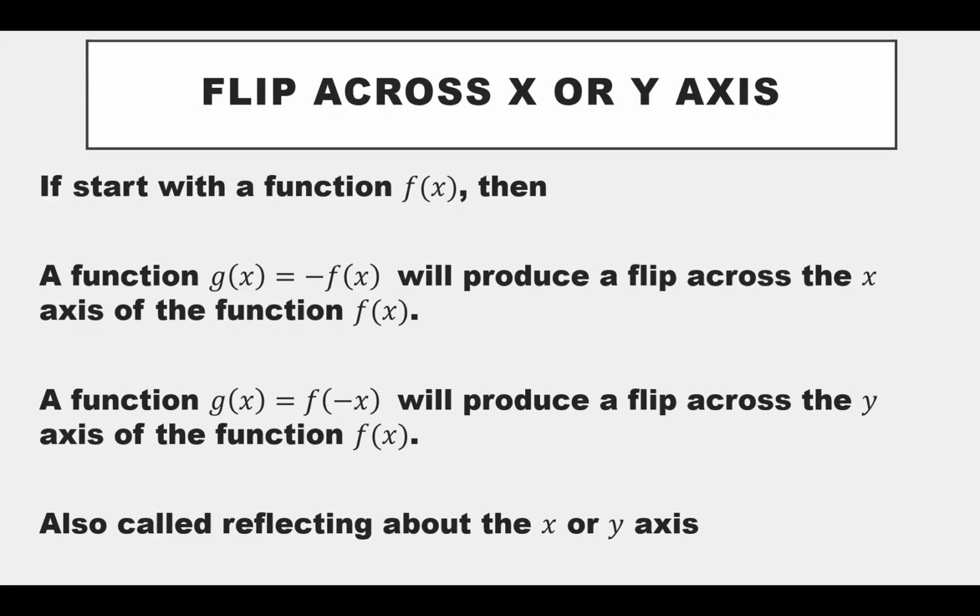On the other hand, if we take a new function, g of x, and we set it to f of negative x, that'll turn every x value that we had that was positive into a negative, and vice versa. And so that's going to produce a flip across the y-axis, again, from our original function.